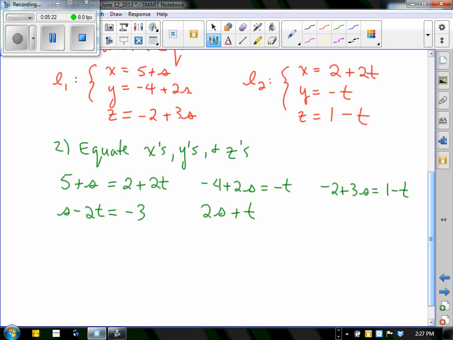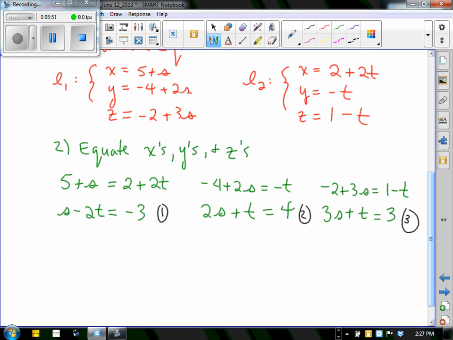We'll have 2s plus t, and the constant minus 4 will become plus 4 on the right-hand side. Last but not least, our final equation would be 3s plus t is equal to 3. The 3 on the right-hand side comes from 1 minus minus 2. Let's number these equations: this is 1, this will be 2, and this one will be 3.